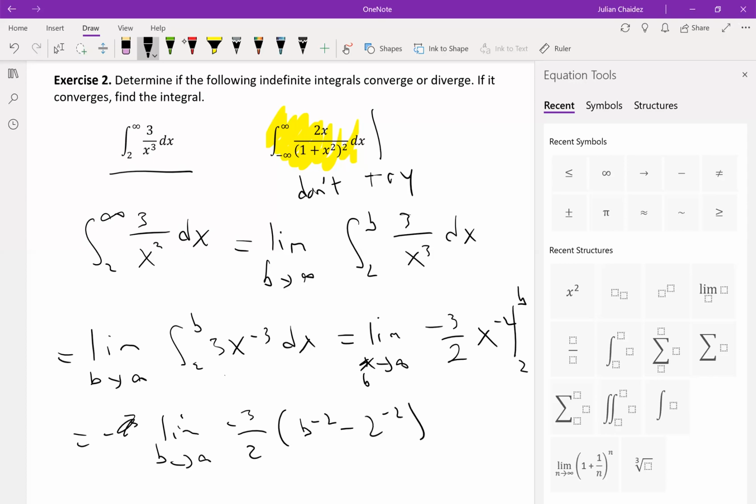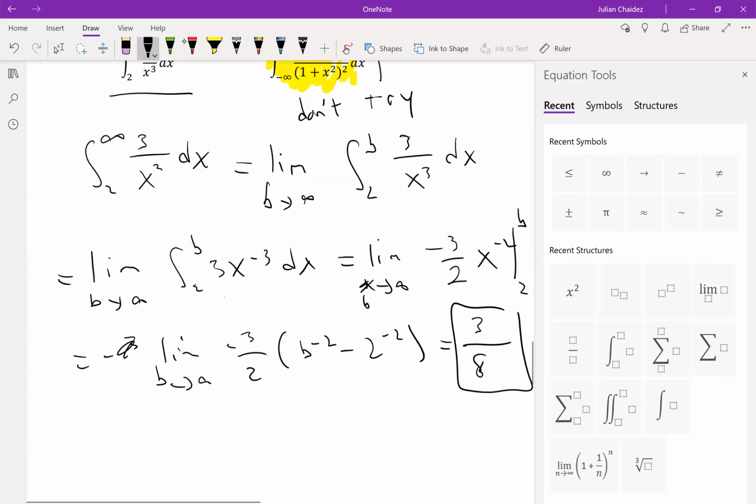And b to the negative 2 as b goes to infinity goes to 0, because b to the negative 2 is 1 over b squared. So when I take the limit, that cancels out, and if I multiply negative 3 over 2 times negative 2 to the negative 2, I believe I get 3 over 8. And that's the answer.